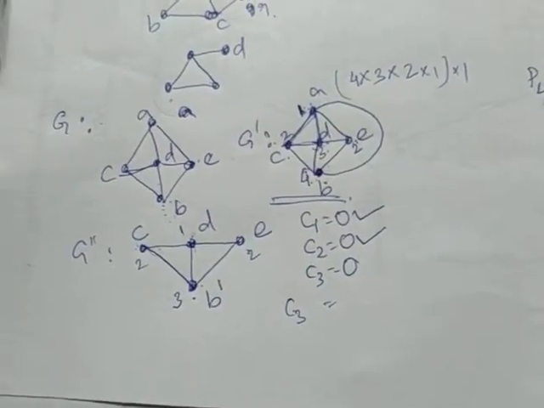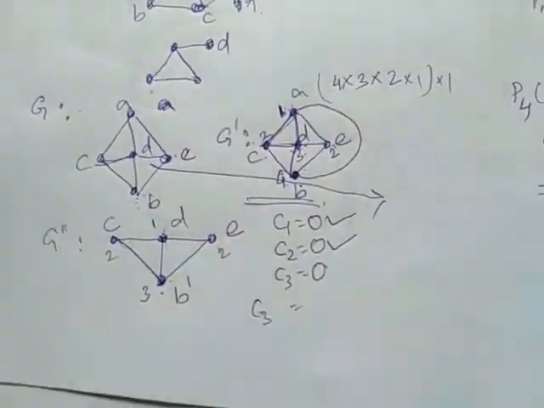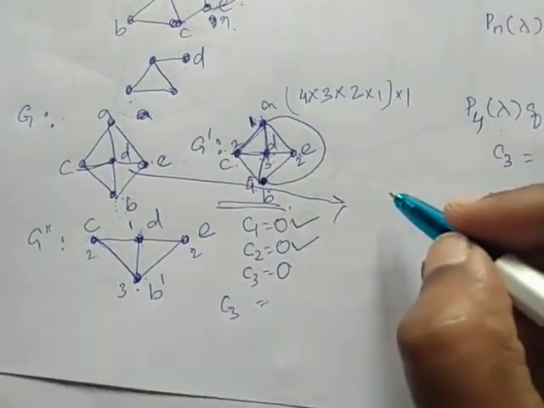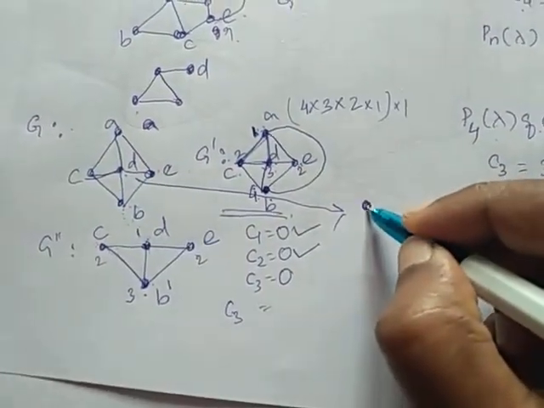This graph can be written as, I'll take D as this one.